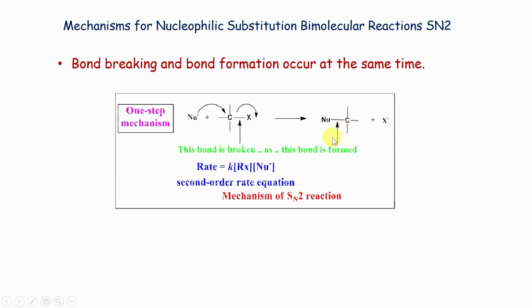All this takes place in a single step and is called the concerted mechanism. And the rate equation is a second order rate equation because both the nucleophile and the substrate molecule take part in the concerted mechanism of SN2 reaction.